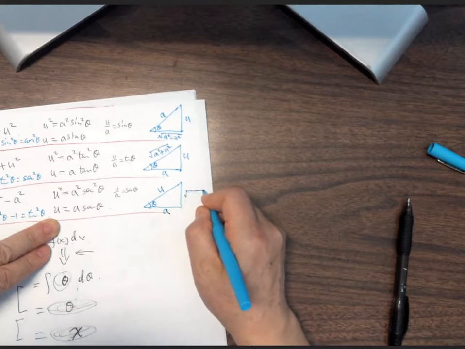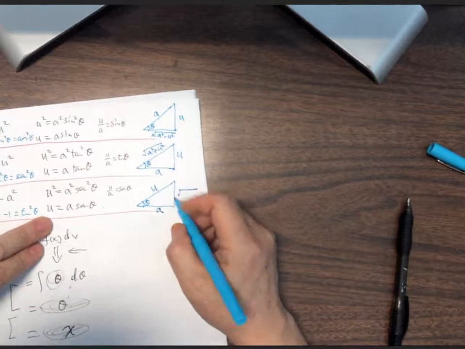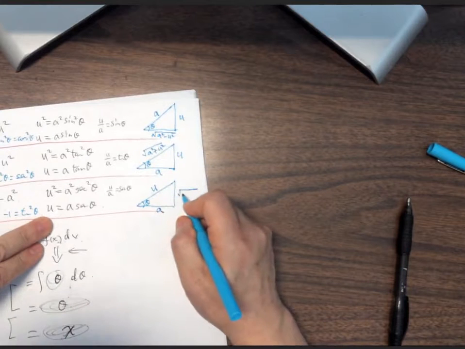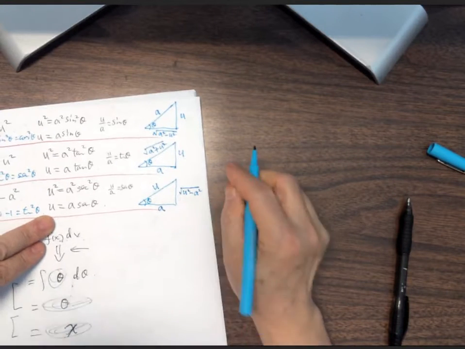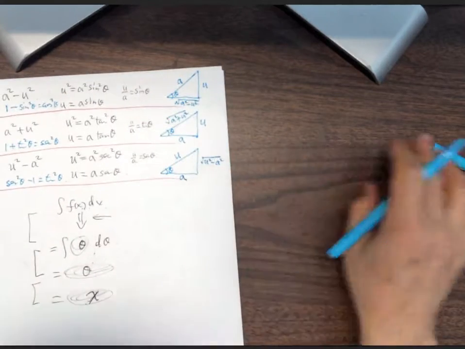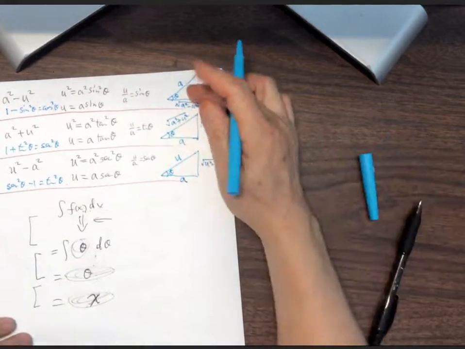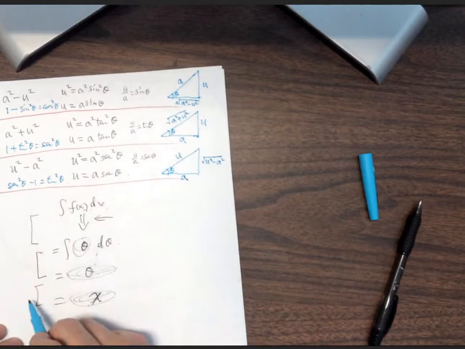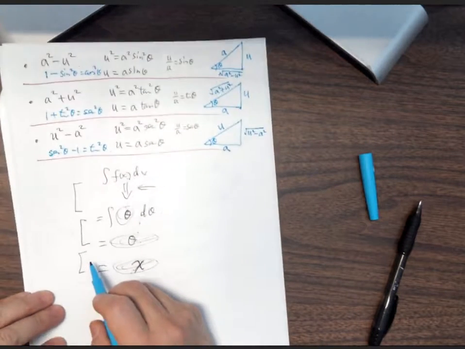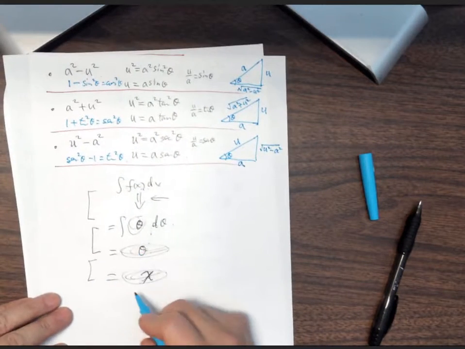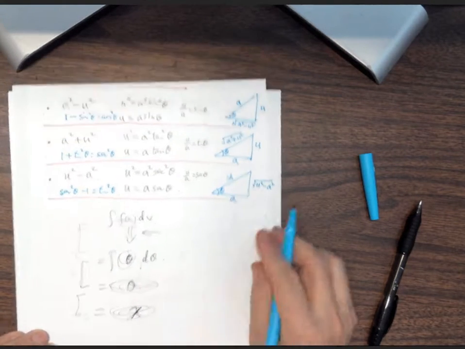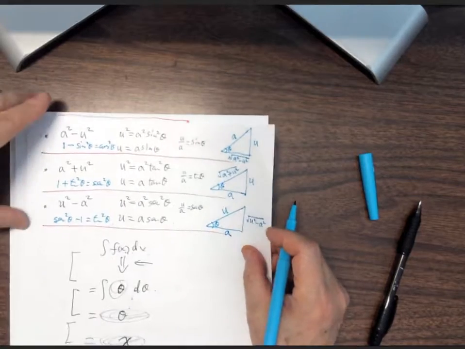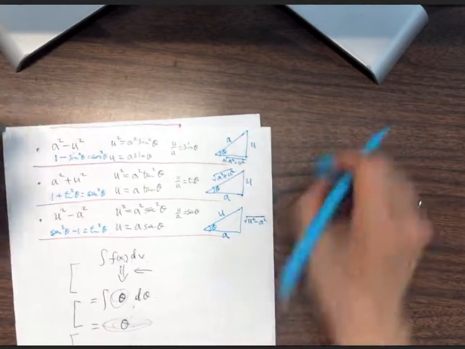And we can again use Pythagorean theorem to find this side to be the square root of u squared minus a squared. Alright, so those triangles can be useful in the last step to turn expression in theta to expression in x and get the final answer. Now let's see examples.